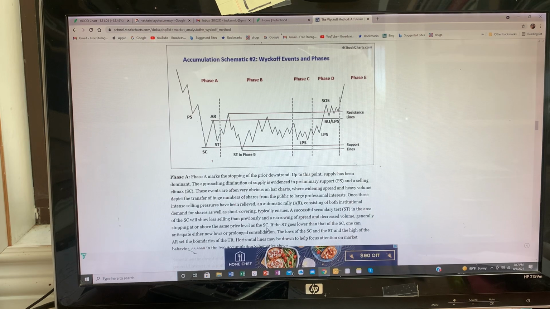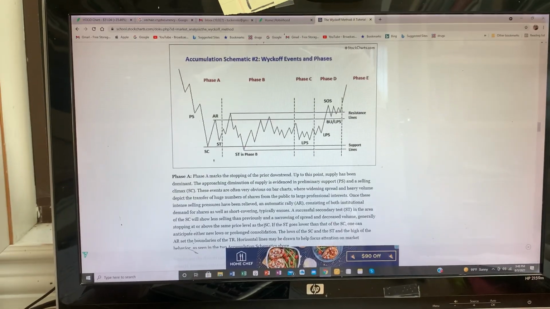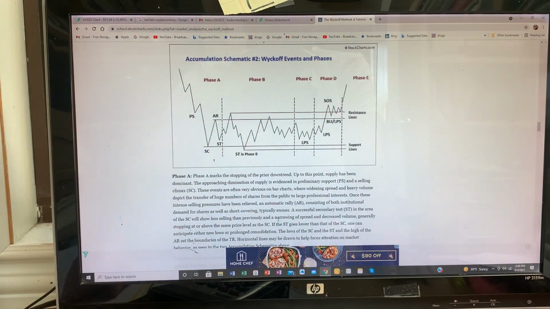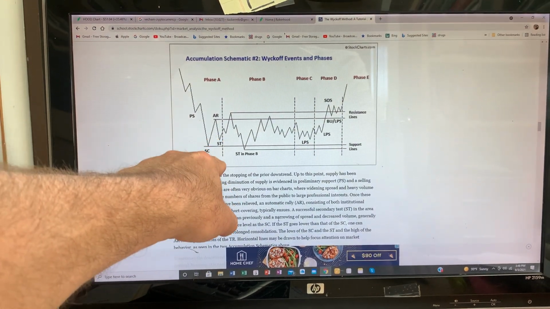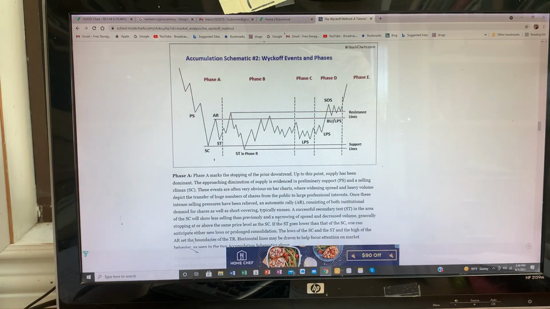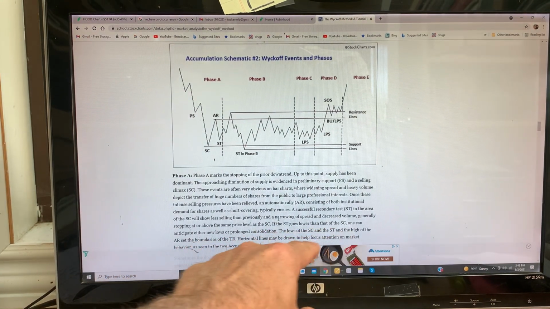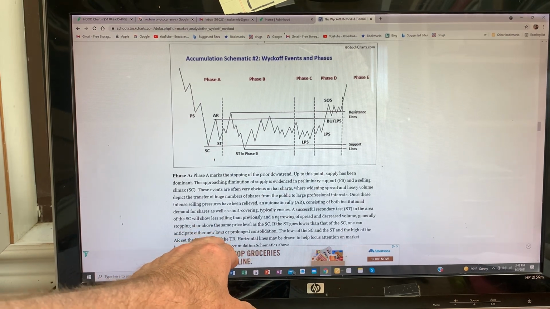This is really important. This first phase A is just so important. See, if the ST right here goes lower than that of the SC, then one can anticipate either a new low.